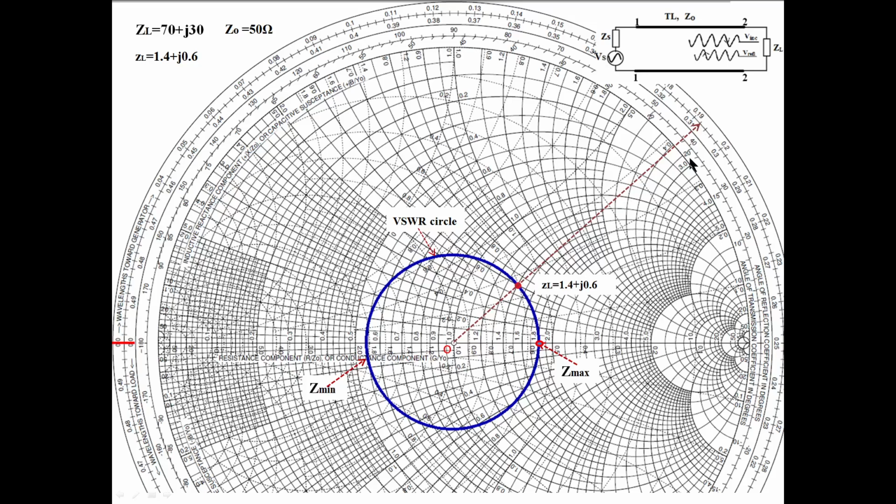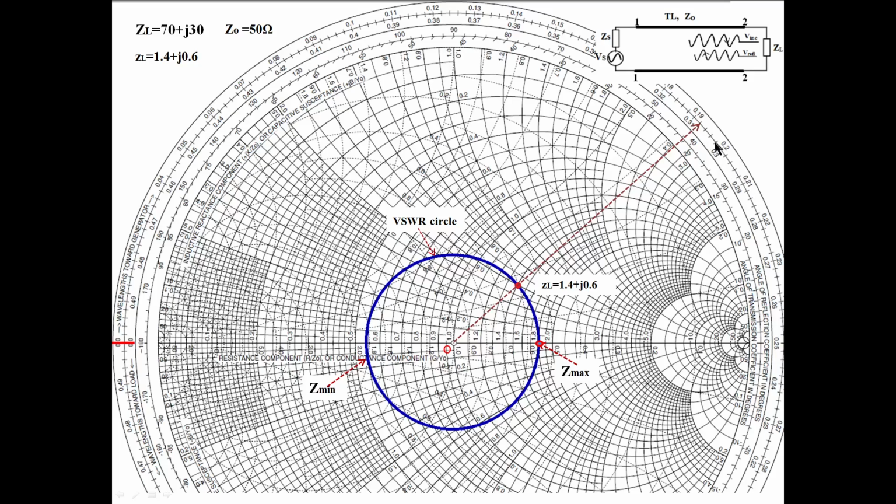Some scale is there. Our load is 0.19, but not exactly at 0.19. It is one division ahead. Each bigger division from here to here is 0.01 lambda.